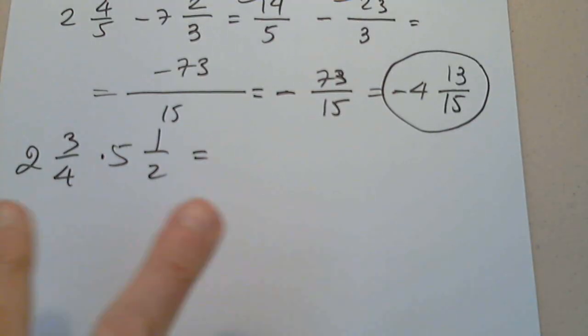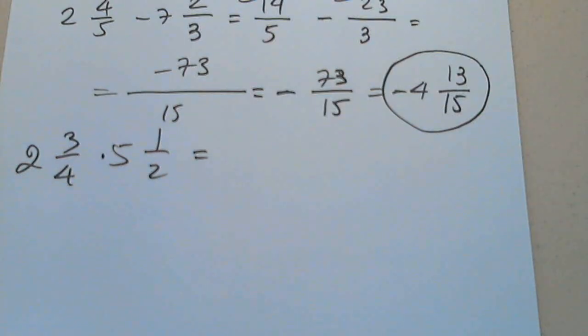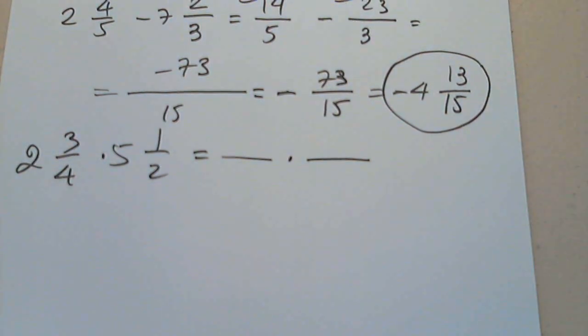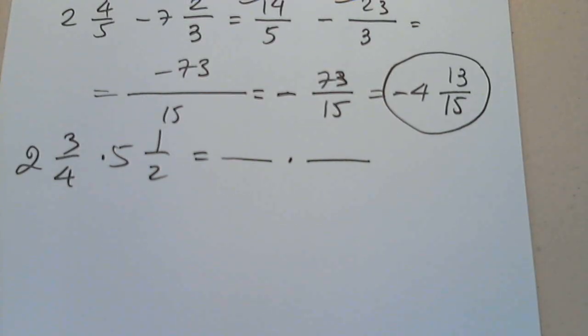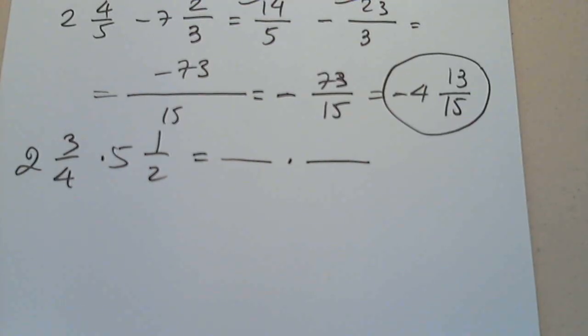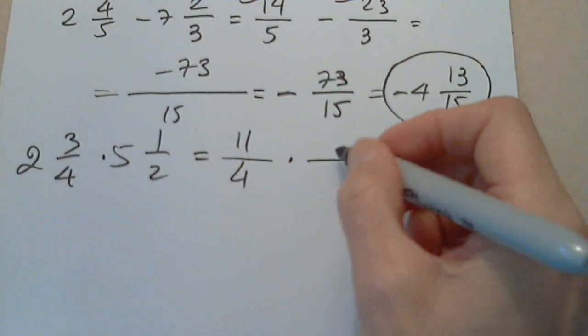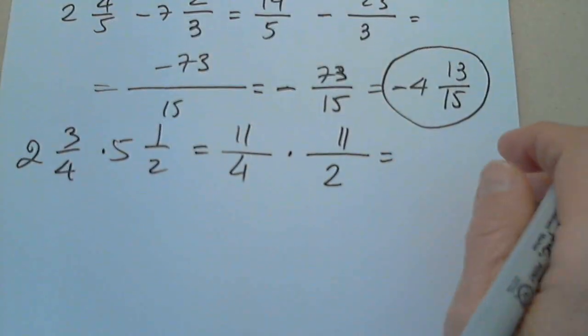Can anyone change the mixed numbers into improper fractions so we can multiply? 11 over 4, yes. And 11 over 2.